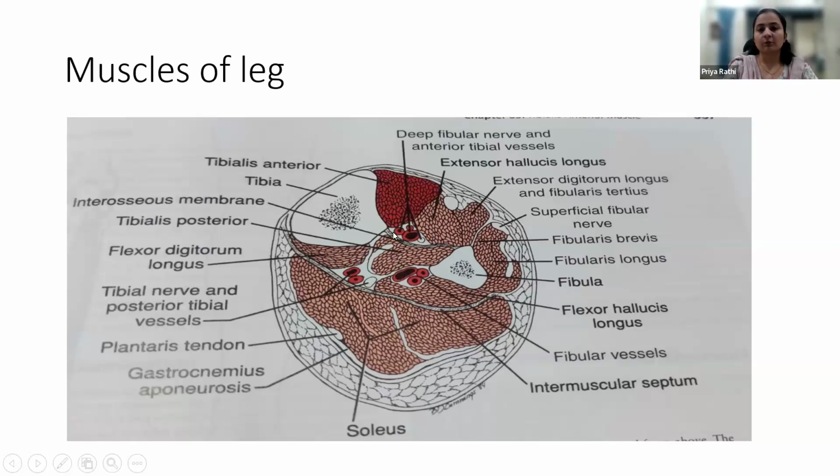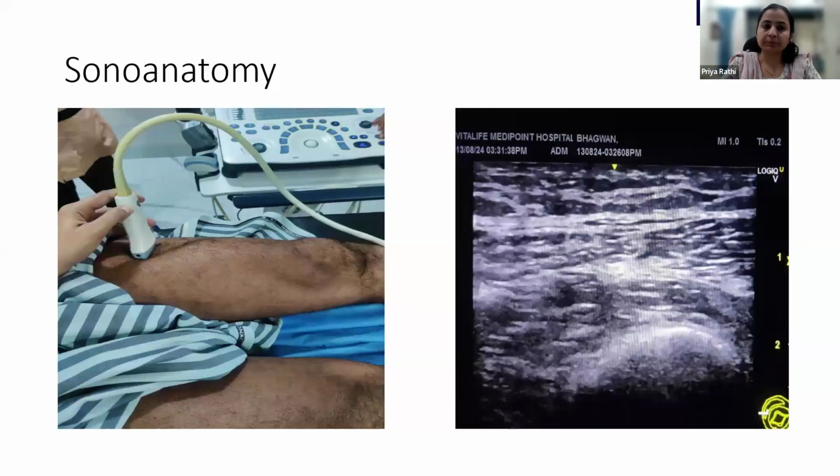Behind tibialis anterior would be your tibialis posterior, and medially, attached to tibia, is flexor digitorum longus, and laterally attached to fibula is flexor hallucis longus. Posteriorly, most superficial is gastrocnemius, and deeper to that is the soleus. So this will help in doing our ultrasound of the lower extremity.